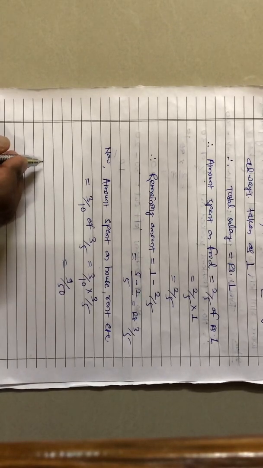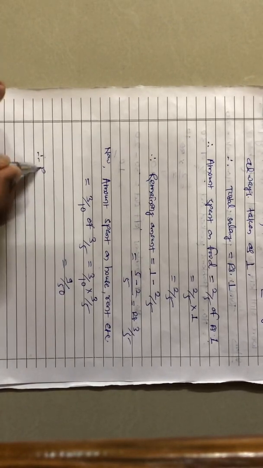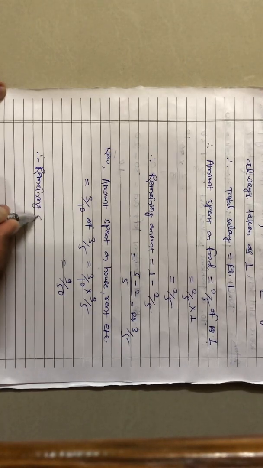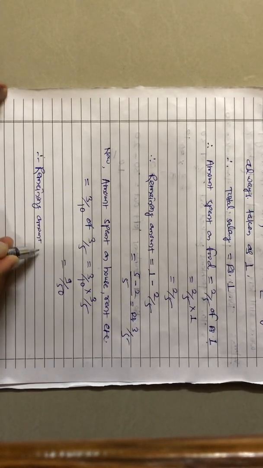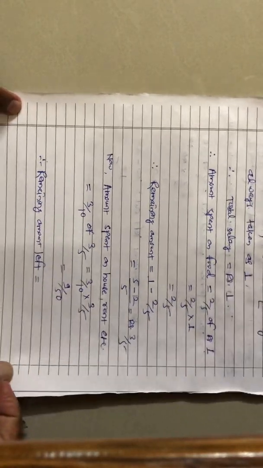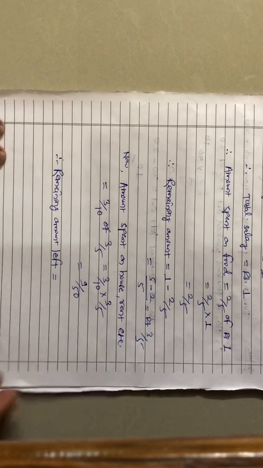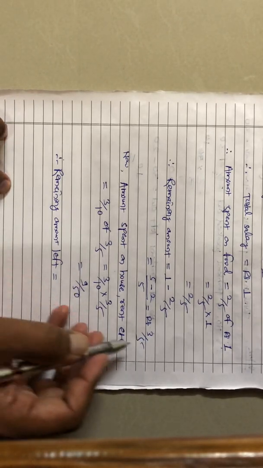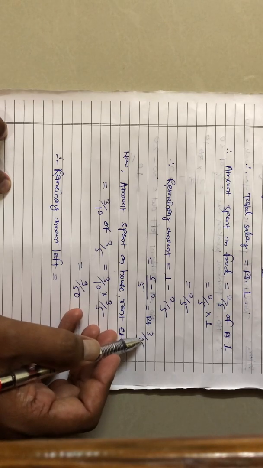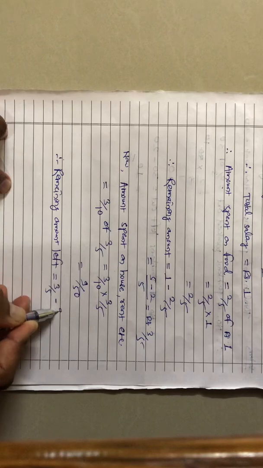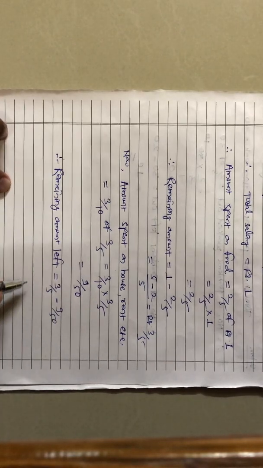Therefore, the remaining amount left is equal to, we know that we have to subtract 9 upon 50 from 3 upon 5. 3 upon 5 minus 9 upon 50.